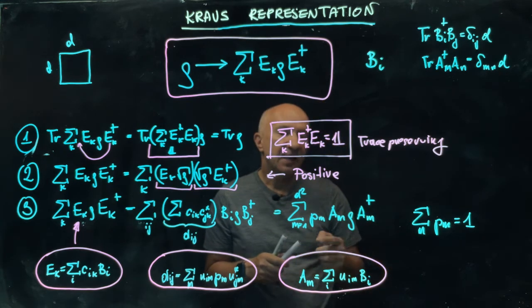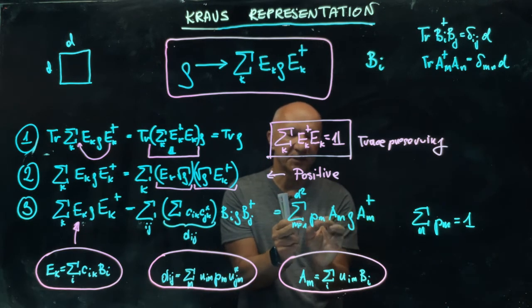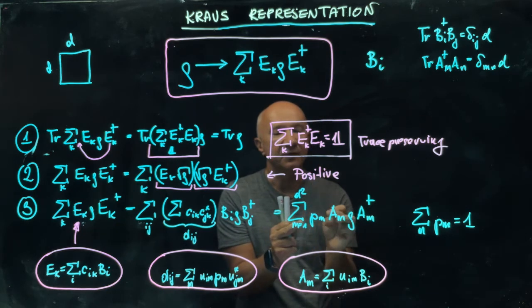And of course, this is already a very nice and compact expression, right? So this index goes through all values of m from 1 to d squared.